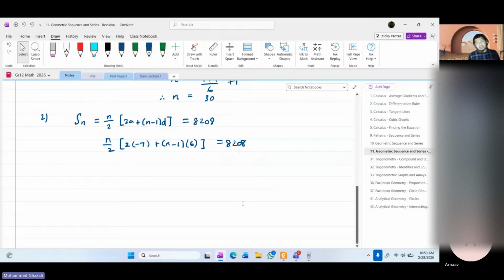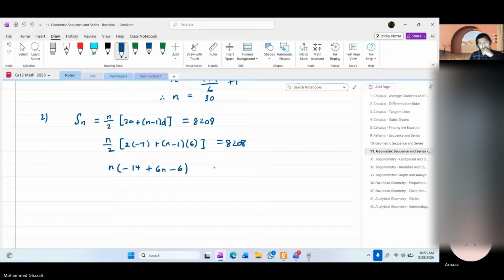Right, so I can take 8208 and multiply it by 2. So I have an n there. I got negative 14 plus 6n minus 6. Oh wait, we can leave the n over 2 there, equal to 8208, because if I take a half and multiply inside here, it might simplify.